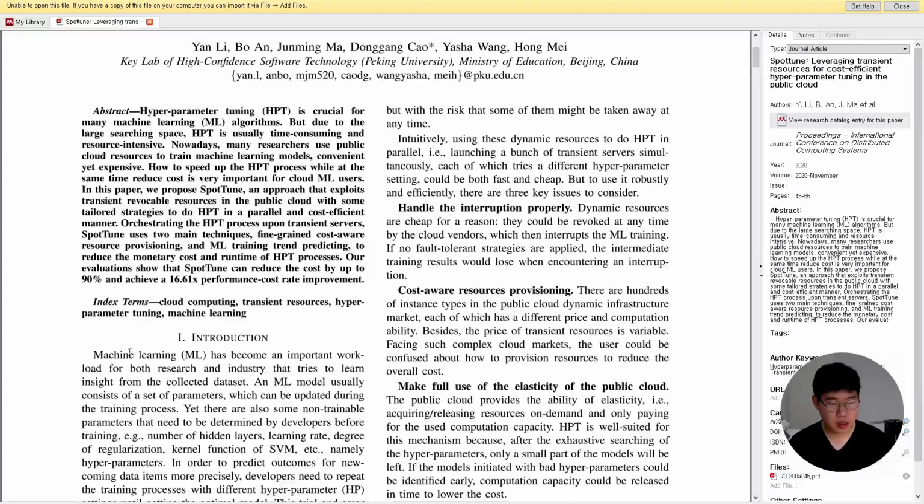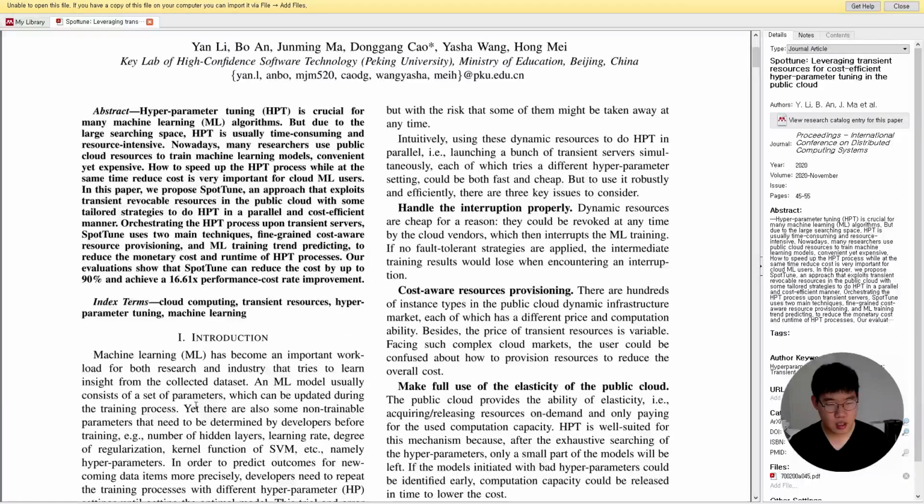Introduction. Machine learning has become an important workload for most research and industry that tries to gain insight from collected datasets. A machine learning model usually consists of a set of parameters, which can be updated during the training process.